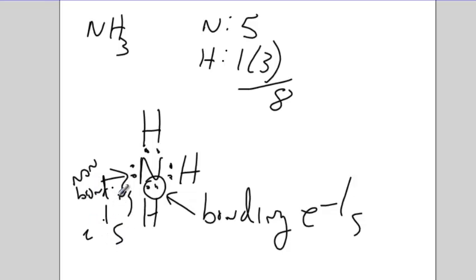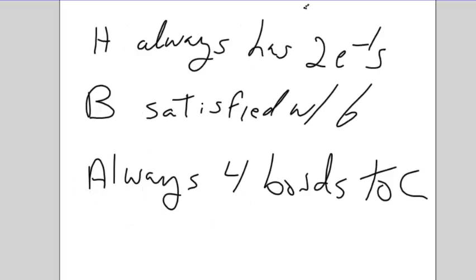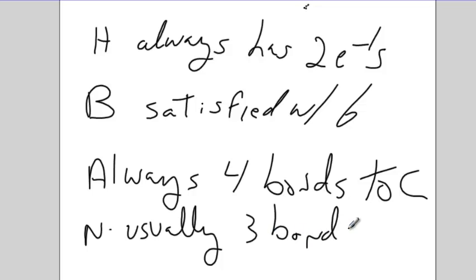Non-bonding pairs. Okay? Non-bonding. So if we go back to our rules here, there are never non-bonding electrons on carbon. Nitrogen, on the other hand, usually is exactly what we just drew. 3 bonds and 1 lone pair.